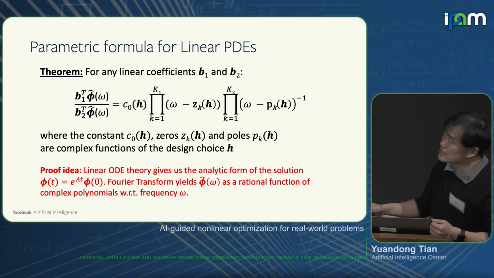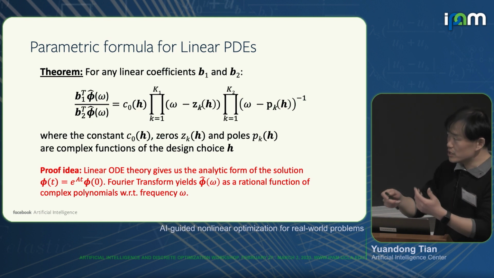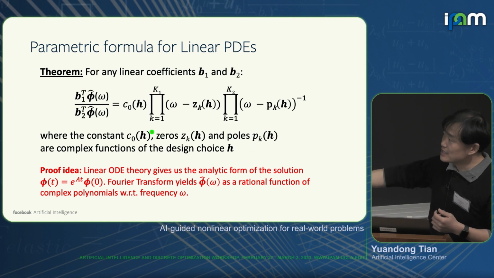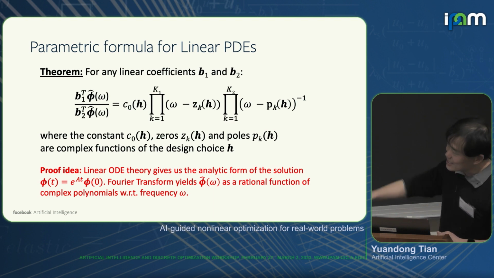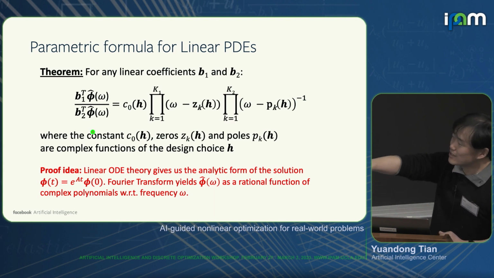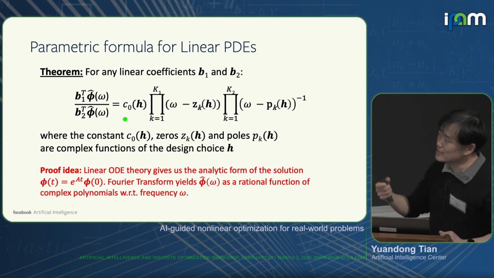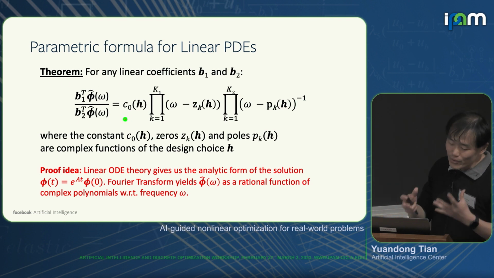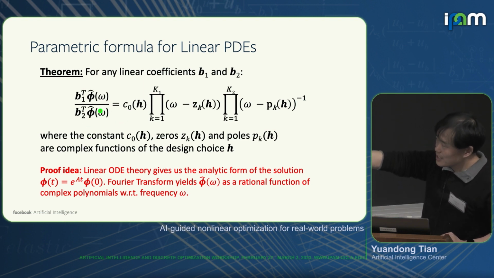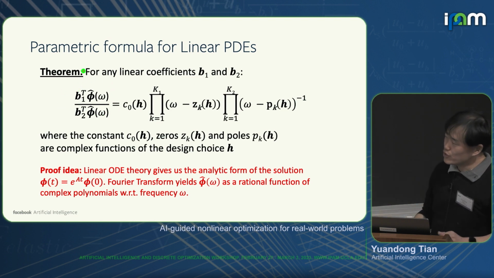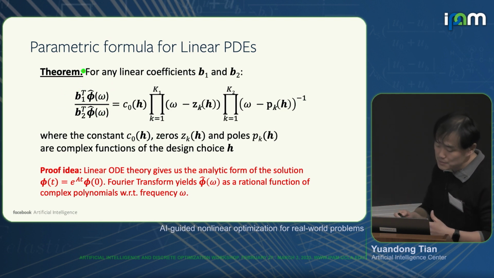The theorem says that for any linear PDE, partial differential equations, you can capture the signals at every location of your PDE. Then for any ratio of two linear combinations of the frequency domain signals, they always have specific parametric forms. The theorem says the ratio of the two is a ratio of complex polynomials.